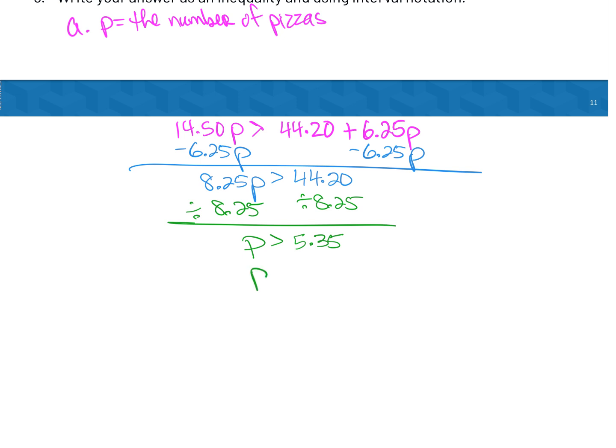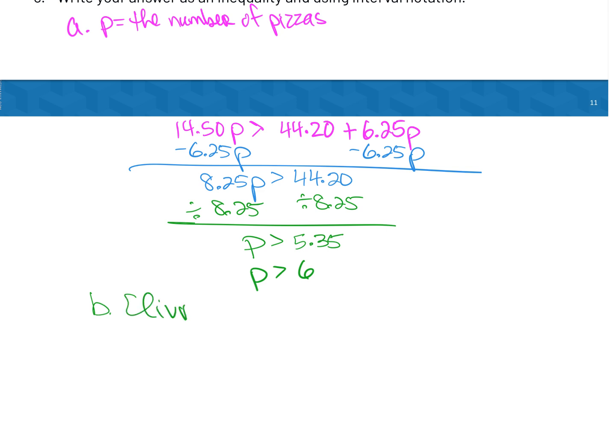So we're going to round it up to 6. And then we're going to explain it. So 6 or more pizzas would make it cheaper in the cafeteria.